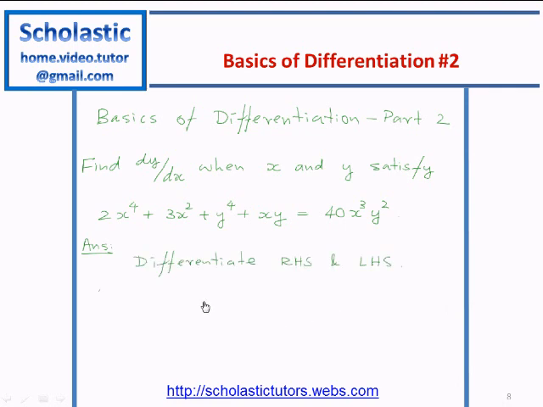So when you differentiate both sides, first the left hand side: 2x to the power 4 becomes 8x cubed. Basically 4 will come here and 4 minus 1 is 3. Plus 6x, plus 4y cubed times dy by dx, because y is a function of x, plus this is a product here, x times dy by dx plus y times dx by dx, which is 1.